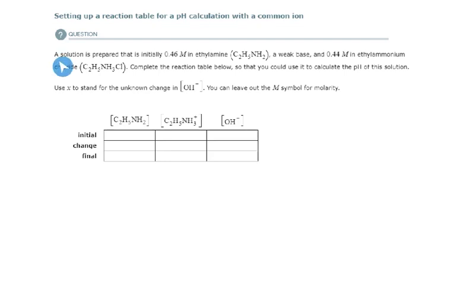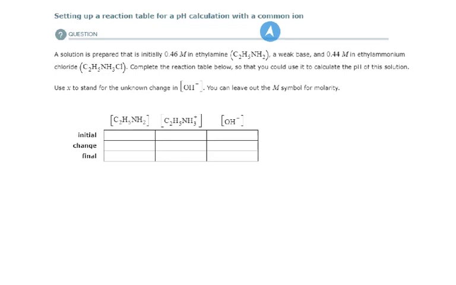So here we've got a solution that is ethylamine, so we have a weak base, and then we also have in this solution another solute. They give us the concentration, and we have ethyl ammonium chloride. So we've got two solutes that have been added to this particular solution.